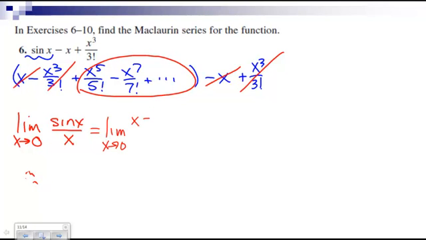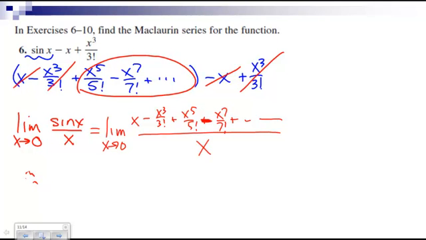x minus x cubed over 3 factorial plus x to the 5th over 5 factorial minus x to the 7th over 7 factorial, and so on and so forth, all over x. Oh, I wrote it in red, so I can't break out my red pen. Bring out your black one.